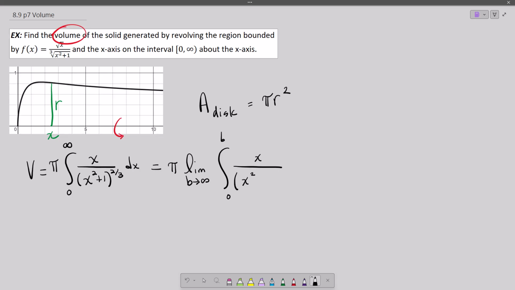Now, what technique of integration are we going to use? Inverse tan? Nope, because there's the extra x in the numerator. If there wasn't that extra x, you still wouldn't have inverse tan immediately, but you could use trig sub, the tangent function.